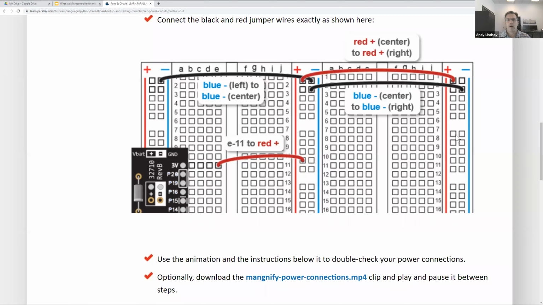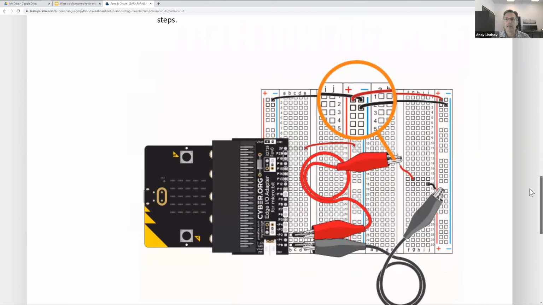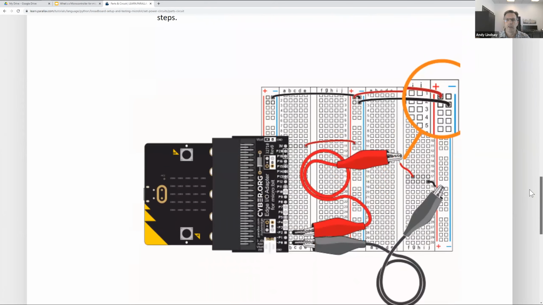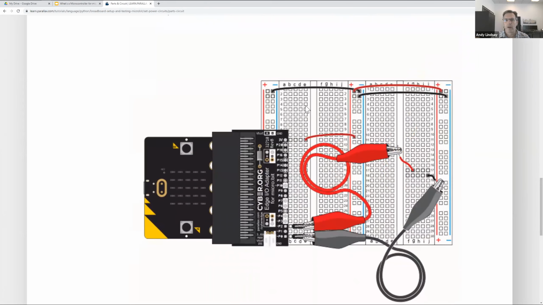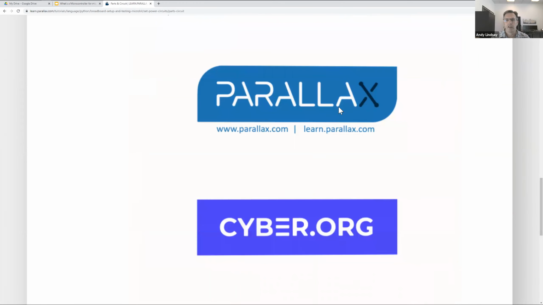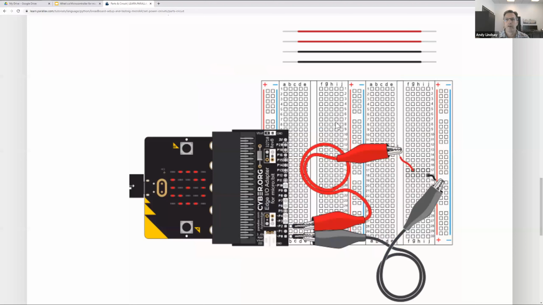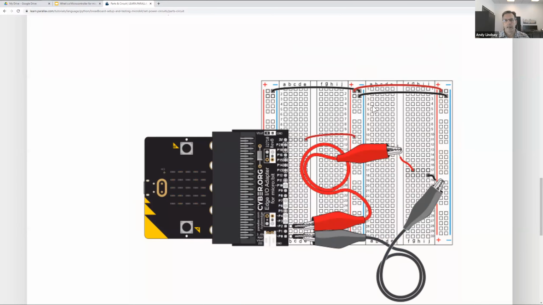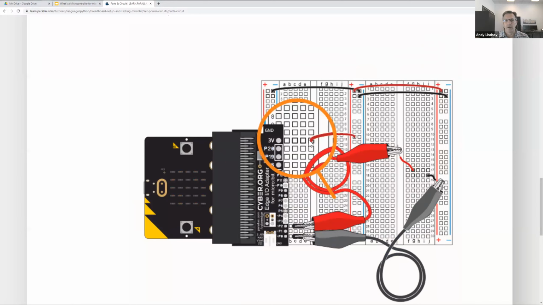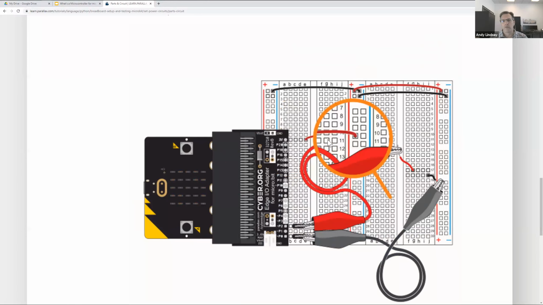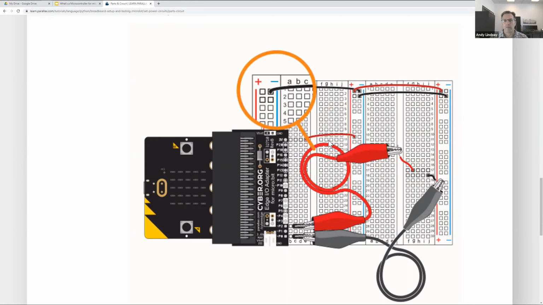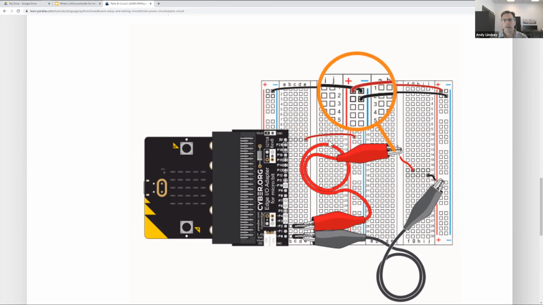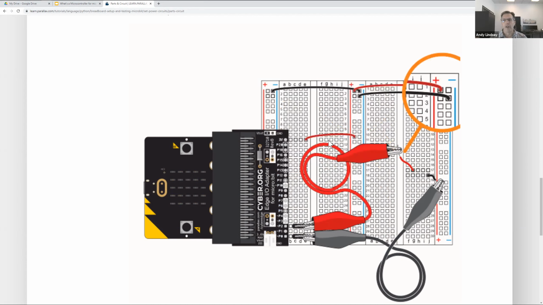So please double check all that because it's very, very important. We've even got a little animation where we zoom in on the various connections. Coming back around, it shows where the wires go, and then it zooms in on each of the connections. And this will hopefully help students make sure that they've got their connections all just right.